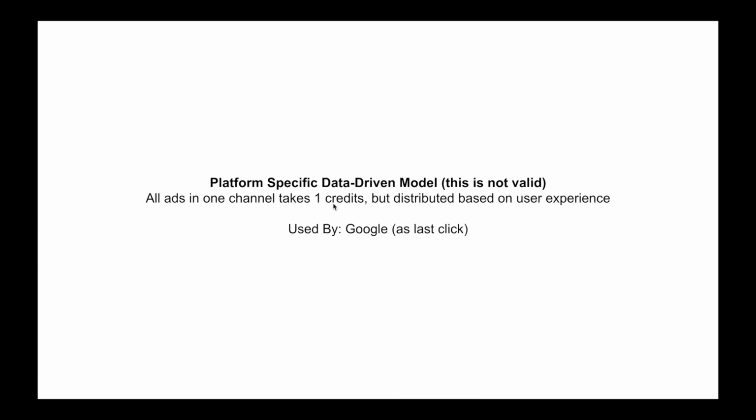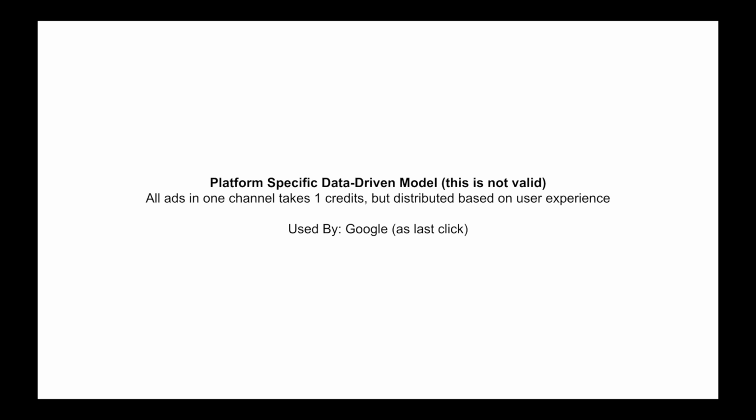All right, so now let's talk about the next model, which is the platform-specific data-driven model. Only one platform uses this, which is Google. It's Google's data-driven model. This is the most effective conversion attribution model for Google, so I just want to give you an overview of what it does specifically. All ads in a single platform still take 1 credit.